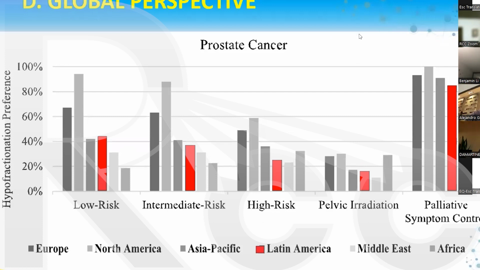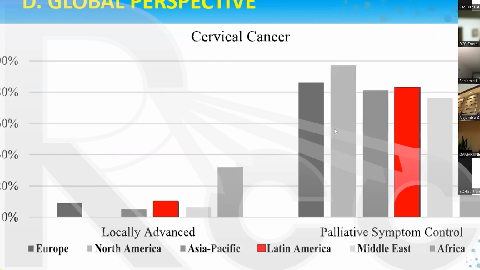In prostate cancer, it's even lower. We have use of less than 45% for low, intermediate, and high risk, even in pelvic irradiation, when we have enough evidence and prescription in the guidelines that the use of hypofractionation is a gold standard for this pathology. For palliative treatment, we still don't have much to discuss because we all use it in this scenario.